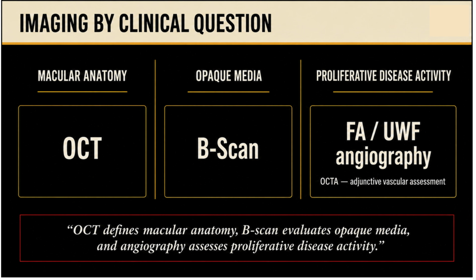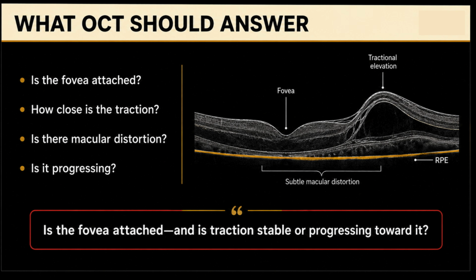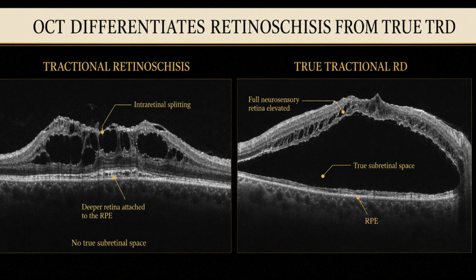The most useful investigation for the posterior pole is OCT, or optical coherence tomography. OCT helps determine whether the fovea is attached or detached, how traction is affecting the macula, whether there is retinal distortion or displacement, and whether the anatomy is changing on serial scans. It is also useful for distinguishing tractional retinoschisis from true retinal detachment.